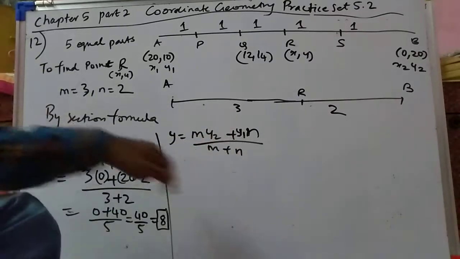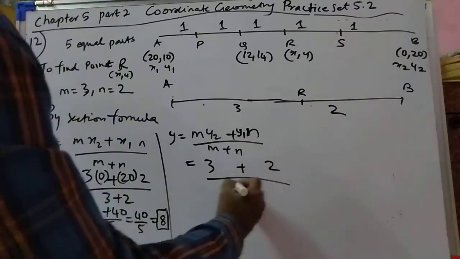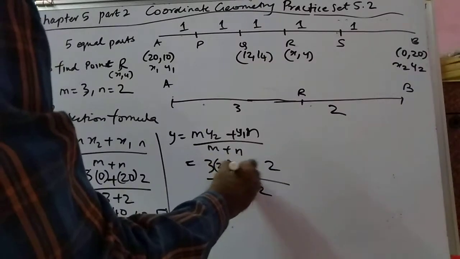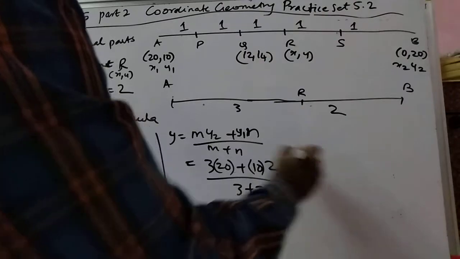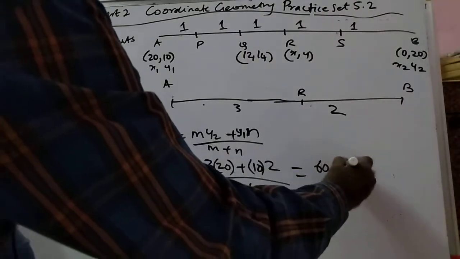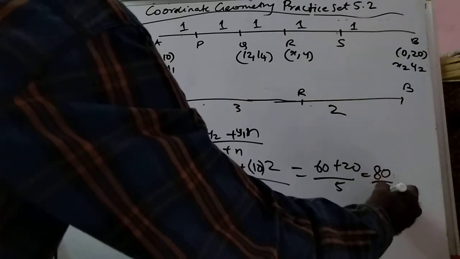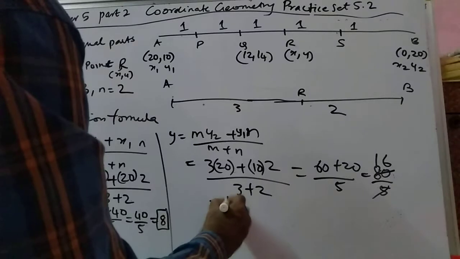Now let us calculate for y. That is equal to 3 plus 2. y2 is 20, y1 is 10. That will become 60 plus 20 upon 5, 80 upon 5, that is equal to 16.